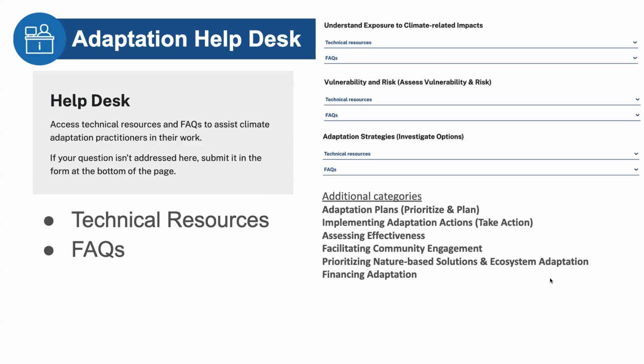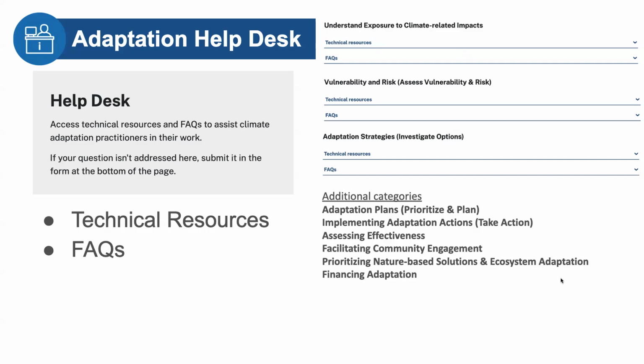But the first thing to note is there are these major section headings you'll see when you come to the page, over on the right-hand side of the screen. There are things like understand exposure to climate-related impacts, vulnerability and risk assessment, adaptation strategies, and a series of additional categories you can see here.